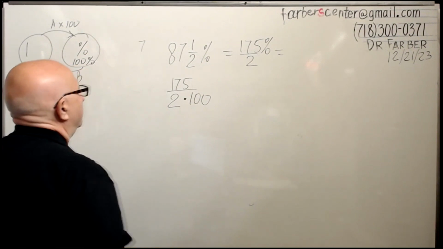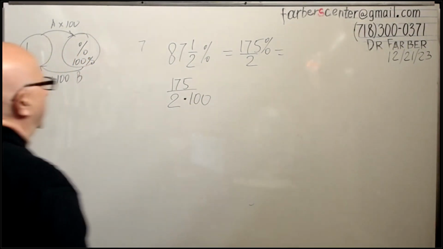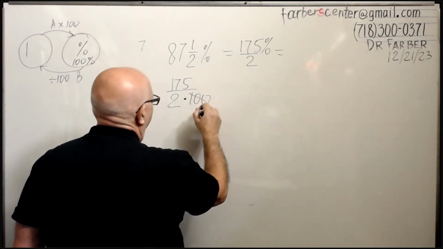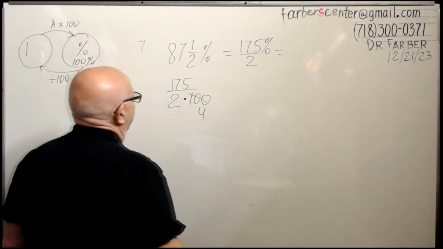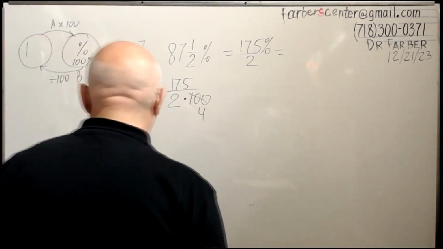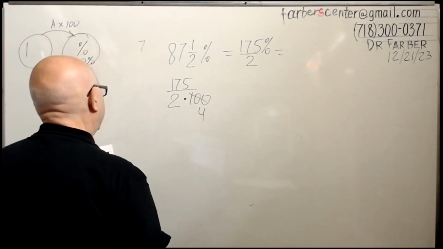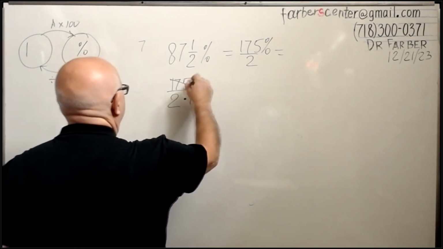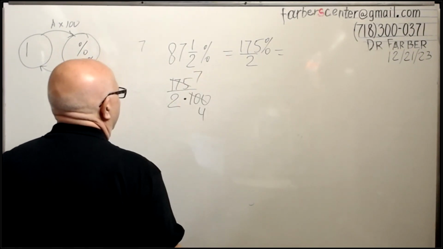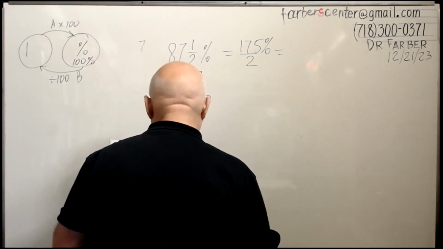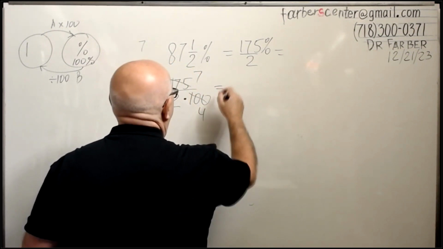So far so good. Now simplify. If I divide by 25, I had 4. If I divide by 25, I'm supposed to get what in this case? 7, yes, 7. Okay, and I get what? 7 over 8.